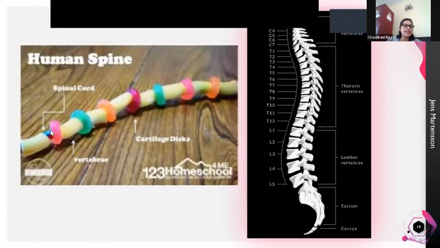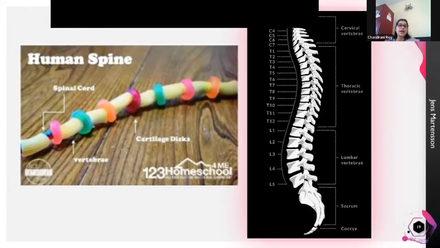So we can string the pasta and the circular pieces. I'm sharing my screen. This is it, the pasta. And here we put in a wire, which will be like the spinal cord. And these are the cartilage discs that we put in between the two pasta pieces.